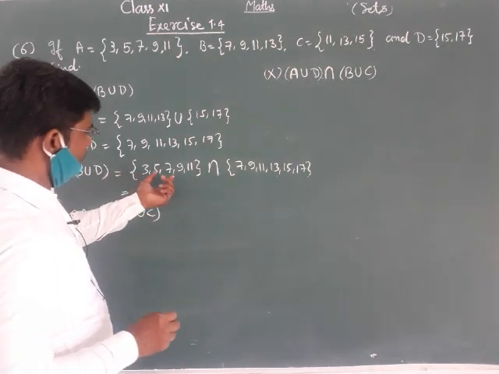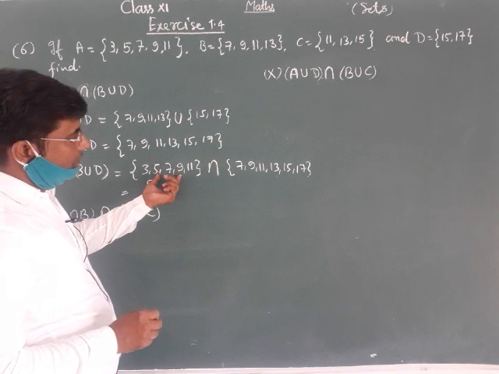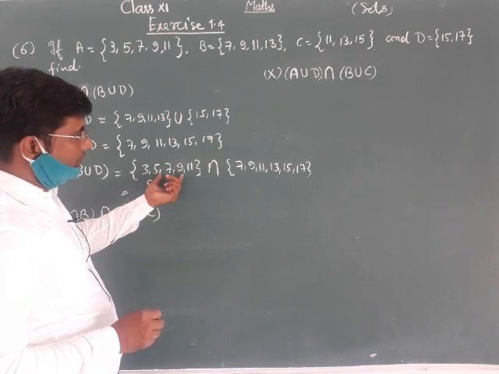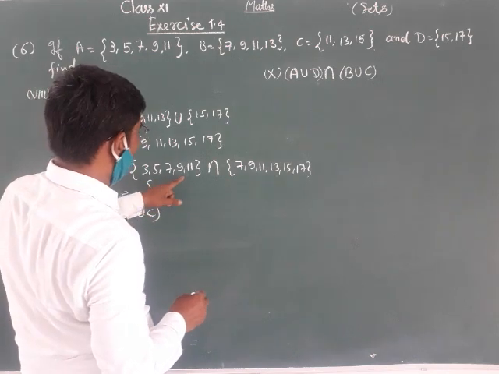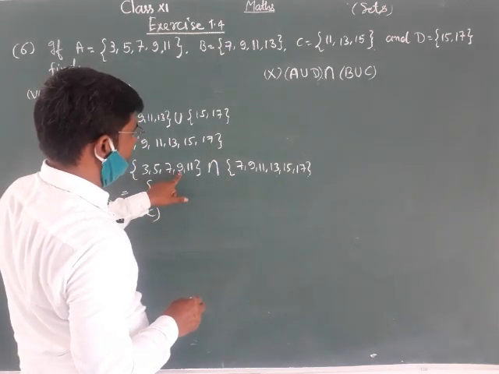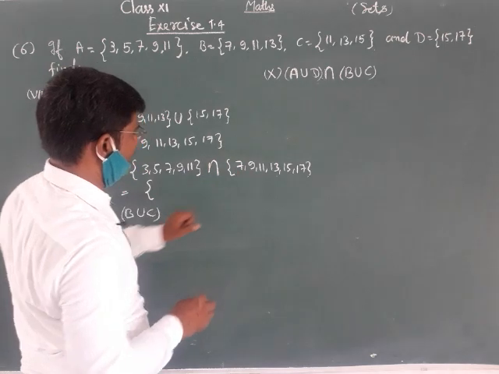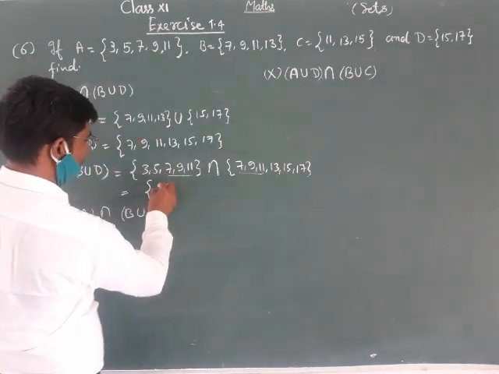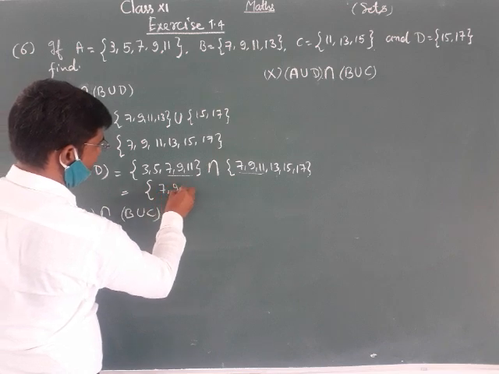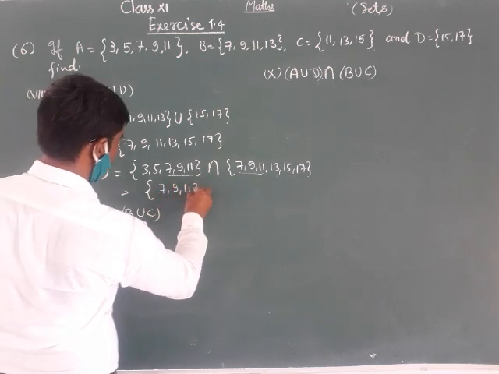Intersection means taking only the common elements of both sets: 7, 9, 11. So write 7, 9 and 11.